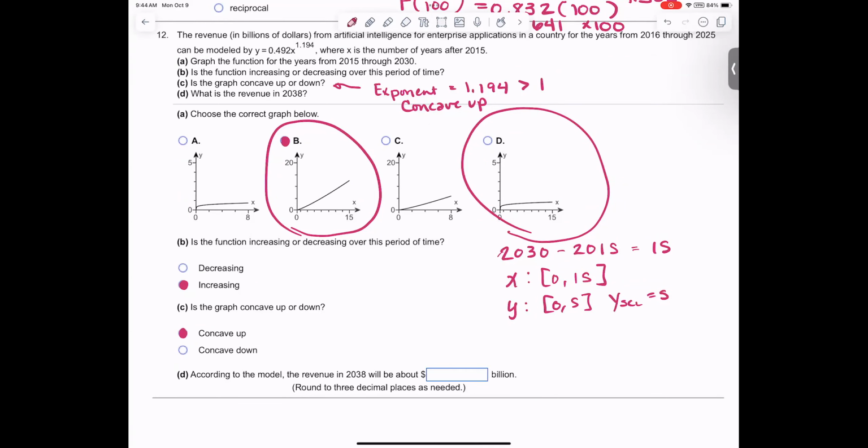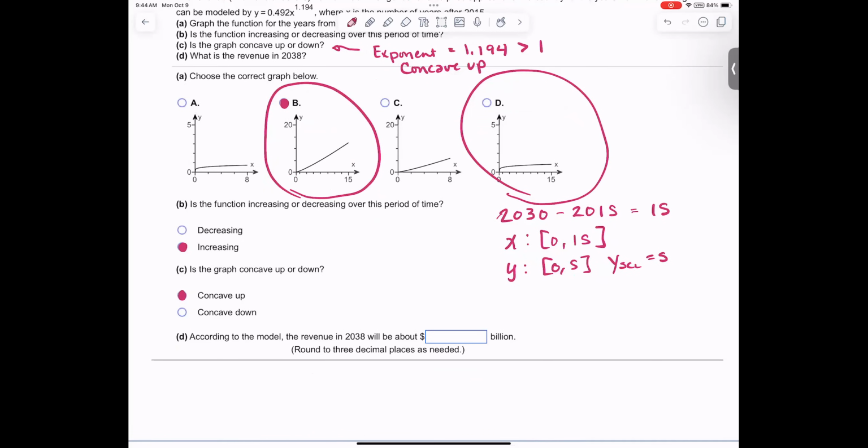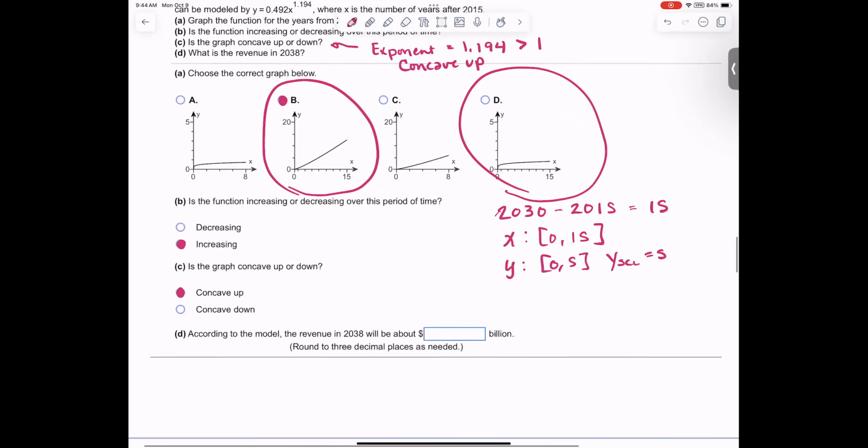Okay. According to the model, the revenue in 2038 will be about, now you could look at the table to determine this, or you can evaluate it. I'm being lazy, and since the table's there, I'm going to look at the table and then we can evaluate it also.